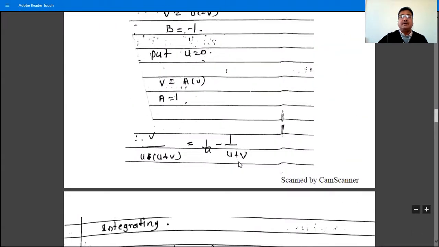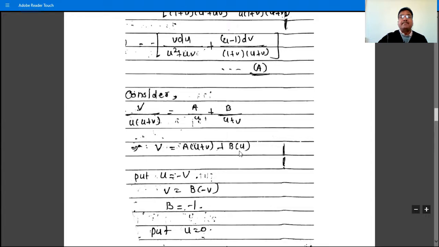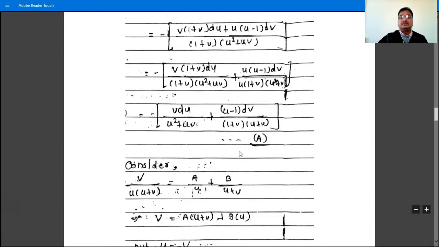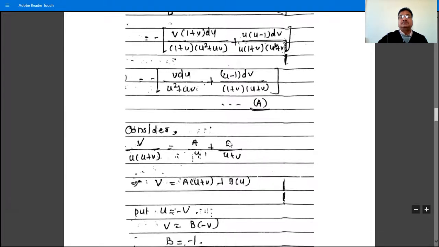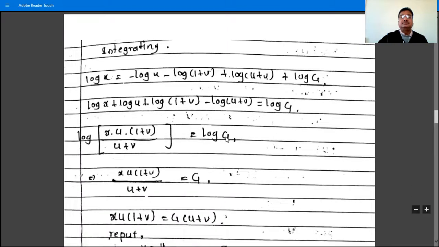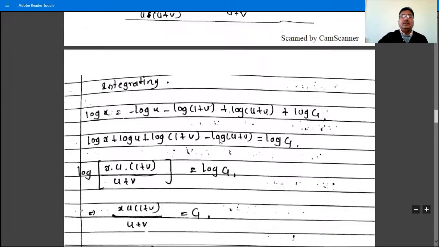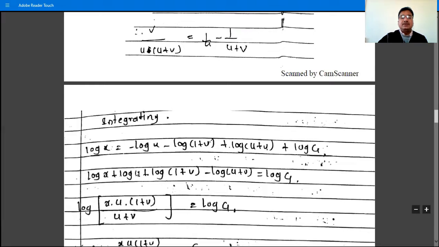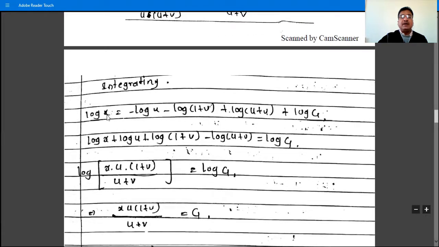After integration, we have this. And then minus. Then use the rules: log a minus log b is log a by b, and log a plus log b is log of a into b. So we have, after shifting to LHS, all these factors.